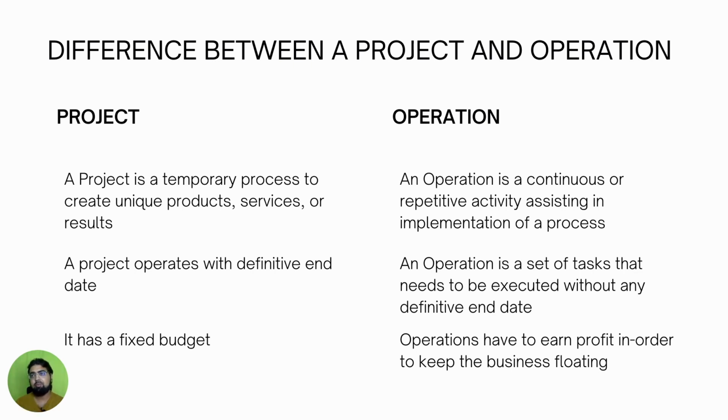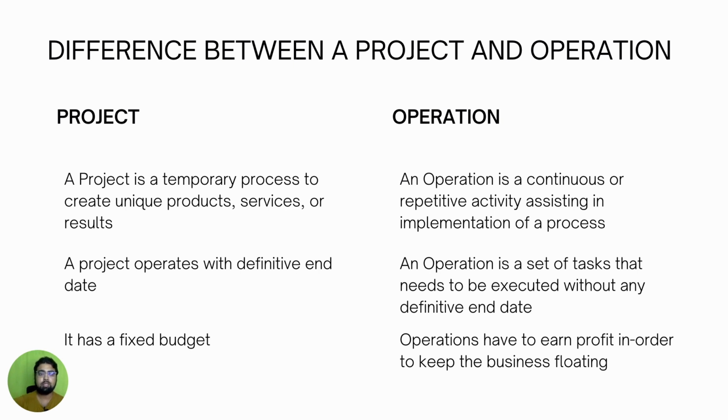The skills required for both of these are different, although there might be certain commonalities between them, but they are both different. The tasks are routine and predictable on operations, but then the projects have different tasks, which could be unique to the project and are generally unpredictable.